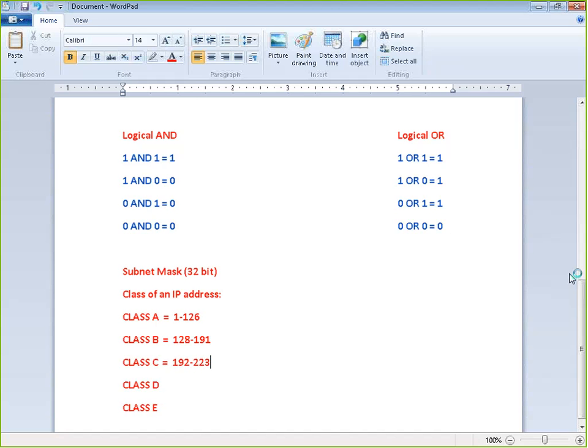Class D ranges from 224 to 235, and class E ranges from 236 to 254.